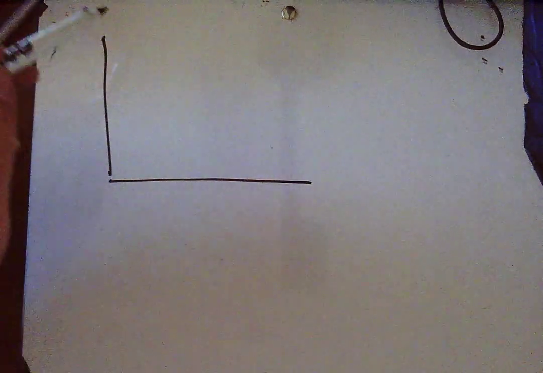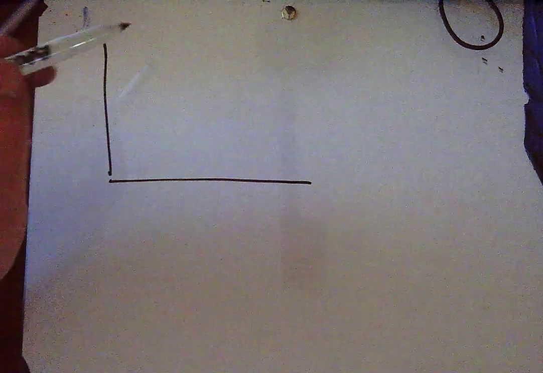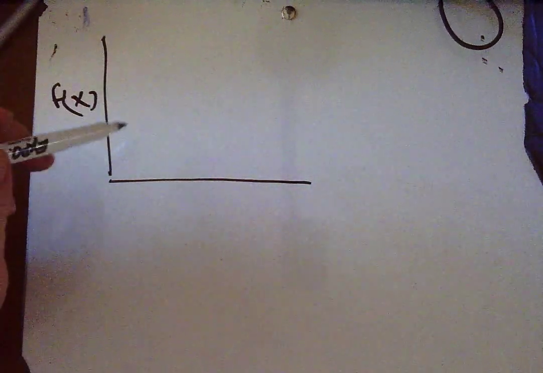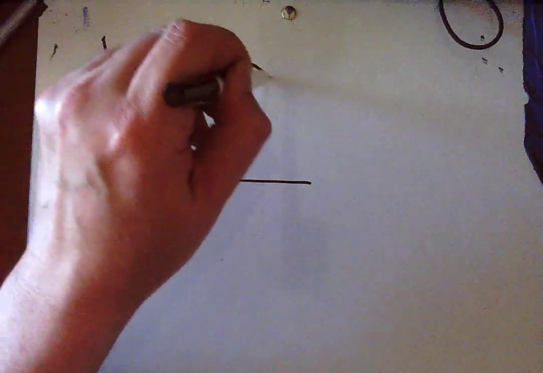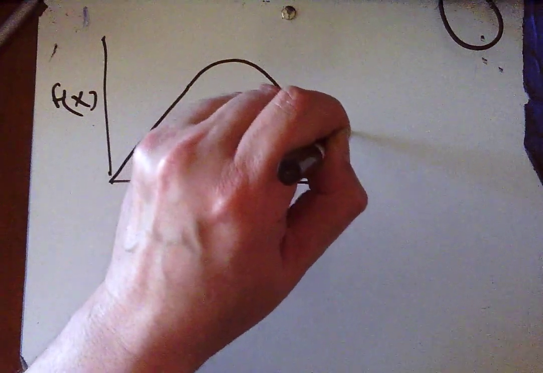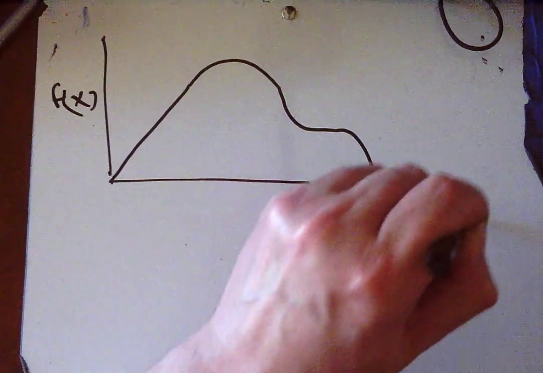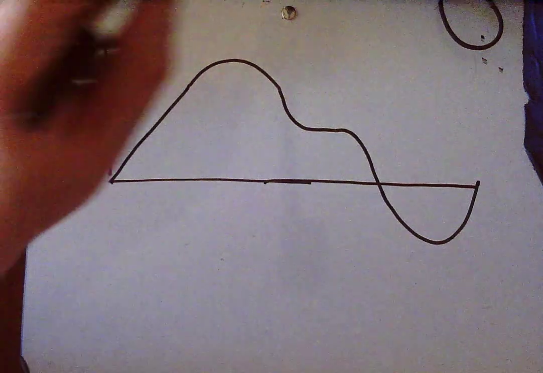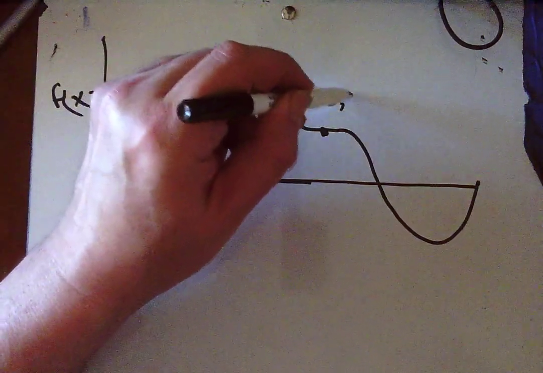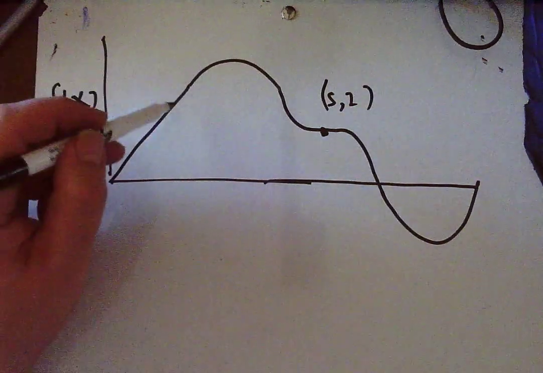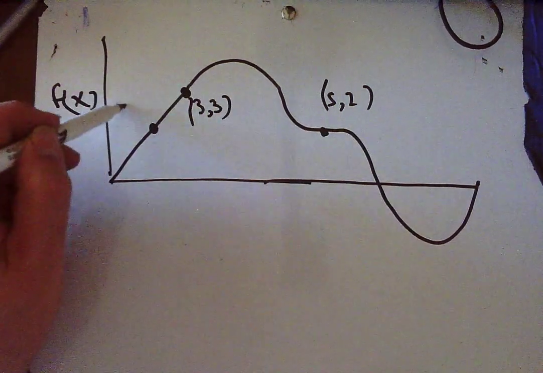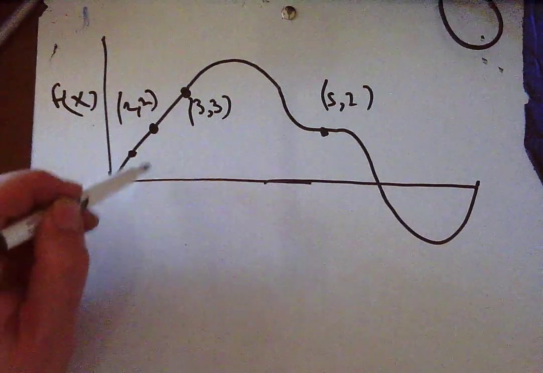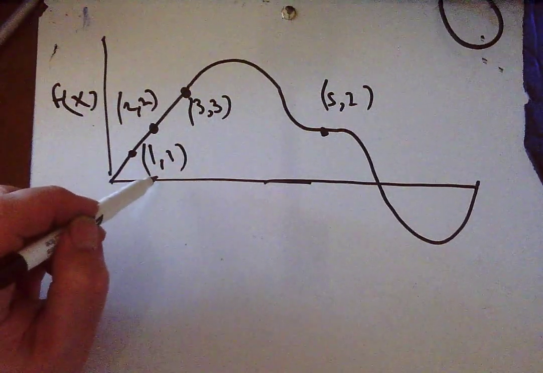All right. So here I'm going to provide you with a function called f of x. And I'm going to have a straight line. And then we go up, and down, and down, and up. Okay, this is 5, 2. This is 3, 3, 2, 2, 1, 1.